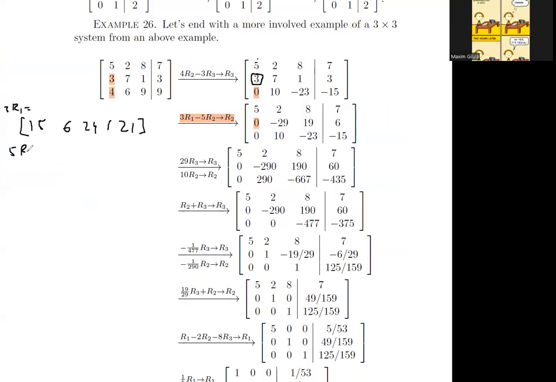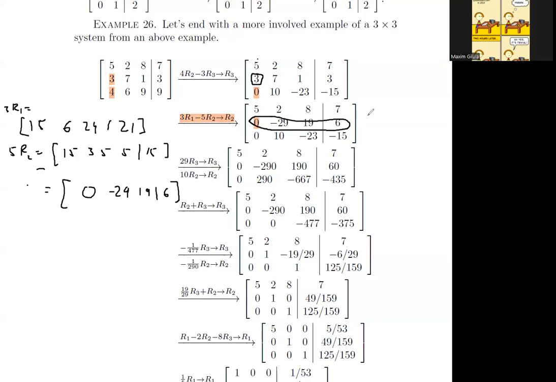And 5 row 2 is 15, 35, 5, 15. And if I subtract them, I get 0, minus 29, 19, and 6, which is exactly what's written here.